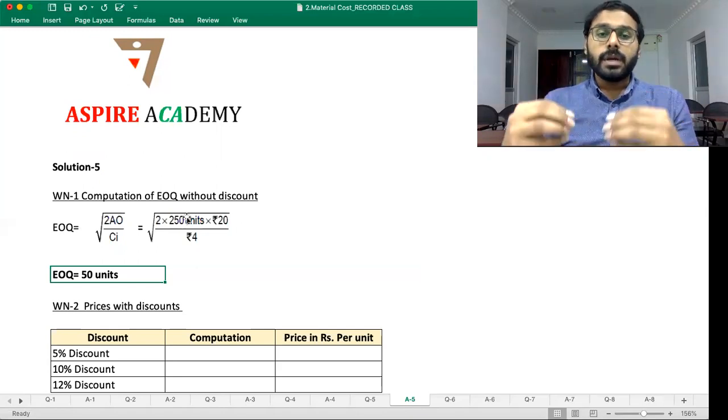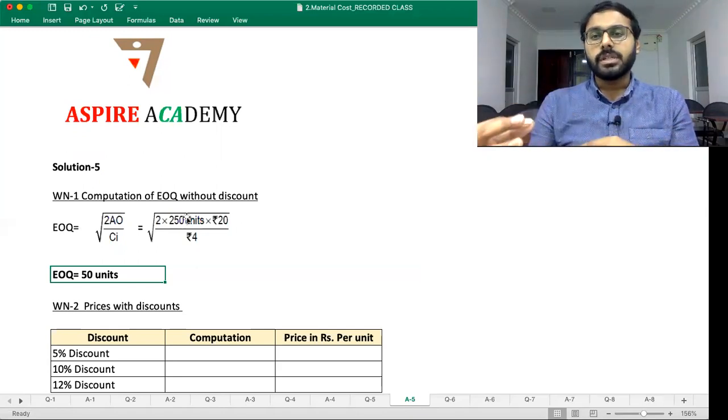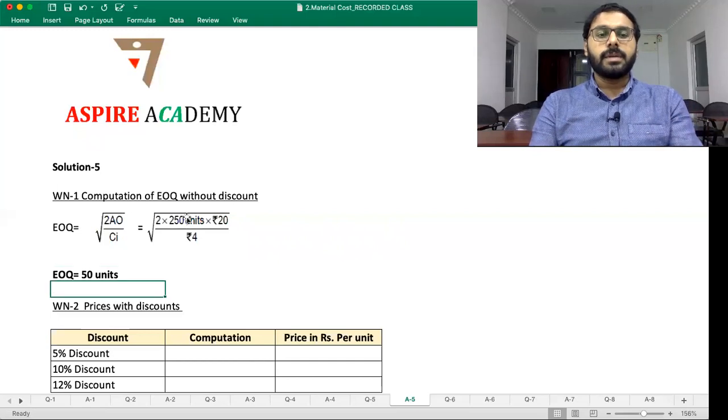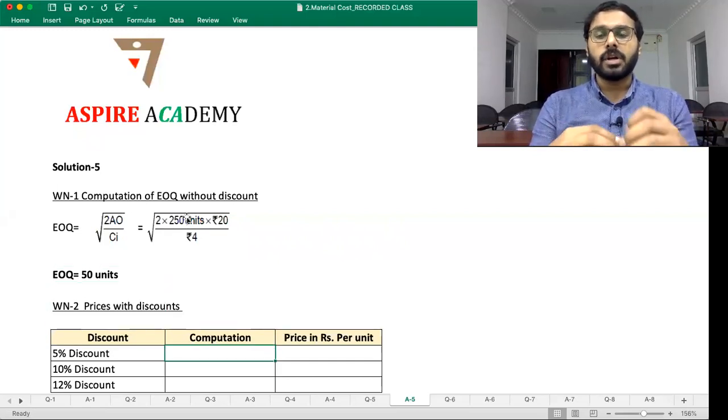EOQ's basic assumption is that there is no discount, there's no change in the purchase price of the material. The next thing is I have to find out prices with different discounts, because there are 3 different discount rates given: 5%, 10%, and 12%.